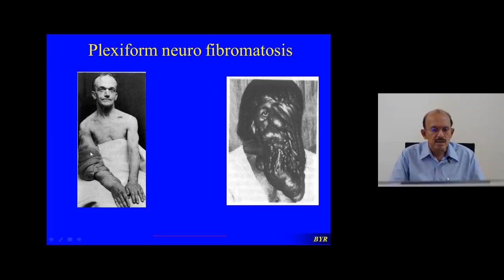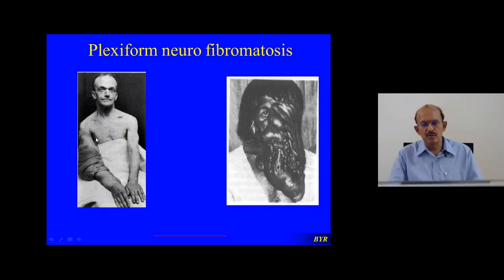Why? Because all the dermal nerves here have become enormously thickened and degenerated. So you find a firm mass here hanging from the skin with the surrounding skin also very much thickened. So this is the plexiform neurofibromatosis.